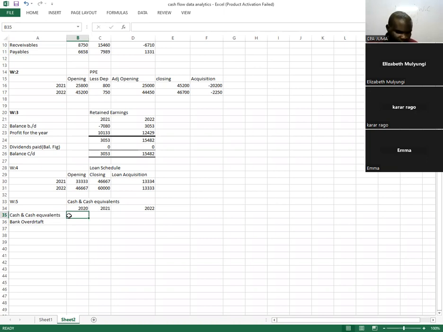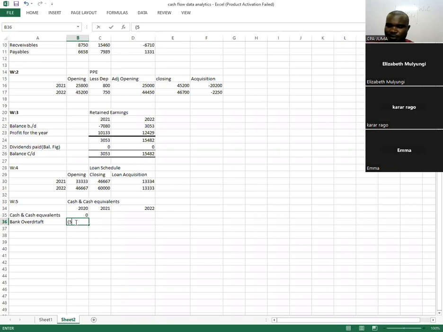So cash and cash equivalent in 2020, let's be together. In 2020, because you can make mistakes in cash flow, and we may not know if it will reconcile. It may fail to reconcile with some figures, but this one is always marked and it becomes easier. So cash and cash equivalent was 0 in 2020. Bank overdraft 2020 was 5297.